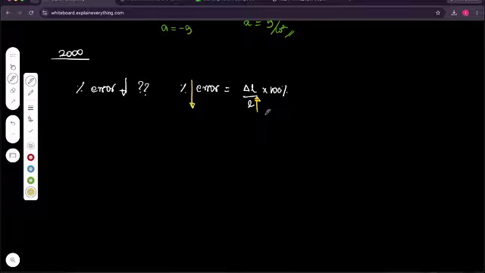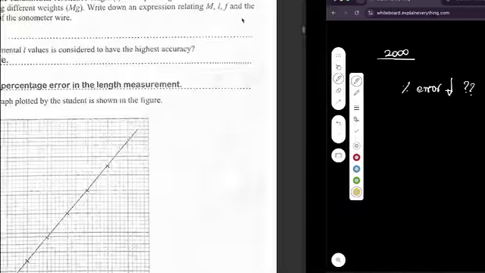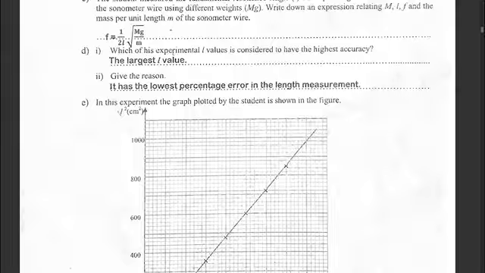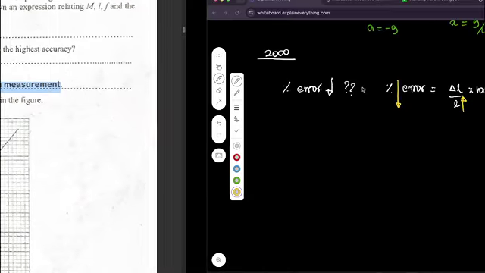So if we want to get a better value, then length should be higher. So in that question, which experimental L value is considered to have the highest accuracy? The largest L value. Give the reason: it has the lowest percentage error in the length measurement. So that's what I said.